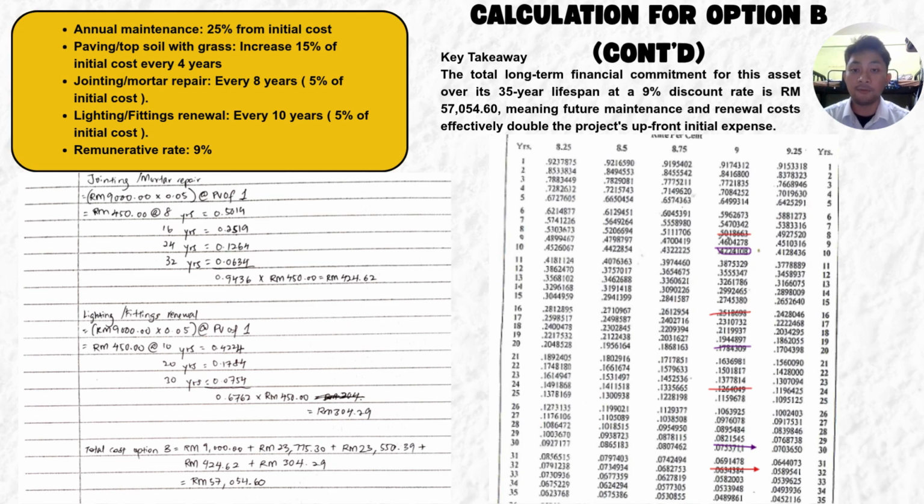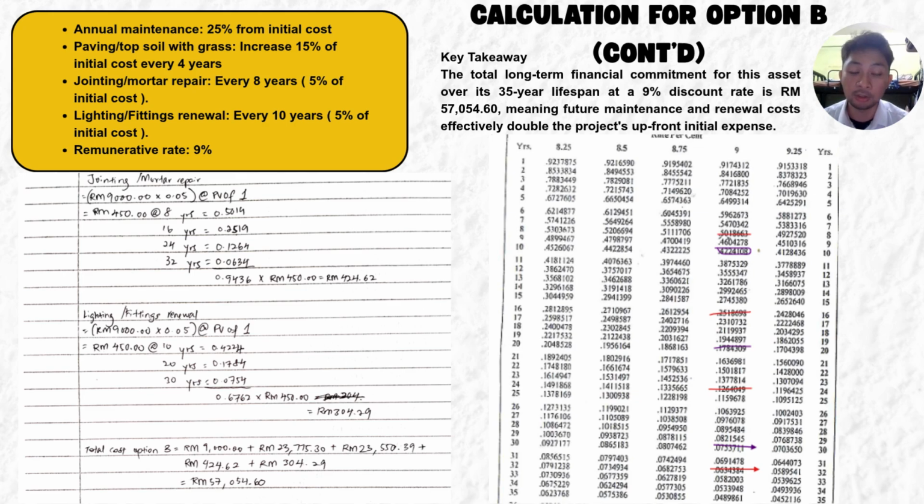Next is calculation for jointing or mortar repair. For jointing or mortar repair, I use a red color to highlight the amount that is related with this cost. And for the lighting fitting renewals, I use a purple color to show which amount of PV of 1 that I use. So for the jointing or mortar repair, the cost is 5% from initial cost, so we get 450, and then we need to times it with PV of 1.